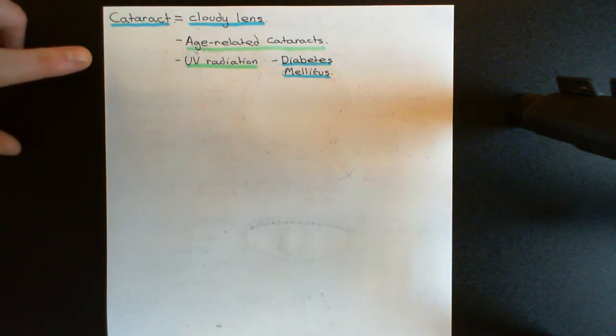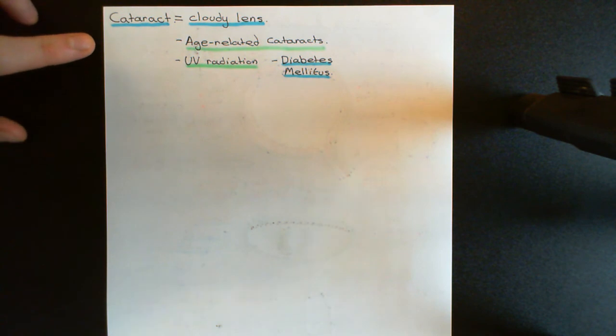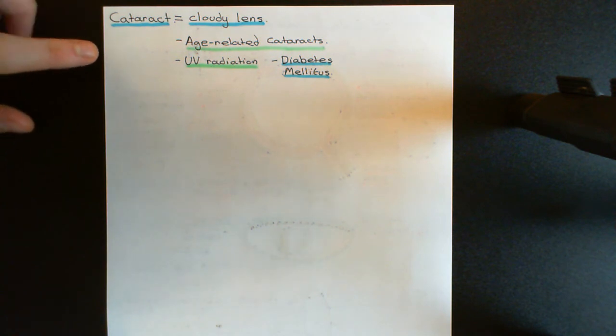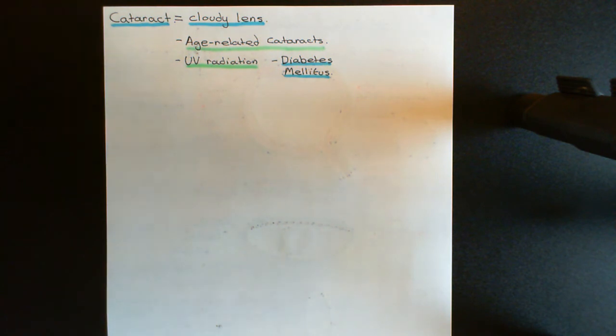Okay, so let me now describe to you the process of cataract surgery, and I'm only going to go over the basic bits. We'll miss out certain steps that are undertaken. The first thing is that we are going to want the pupil to be as dilated as possible, because this is our access for the lens.